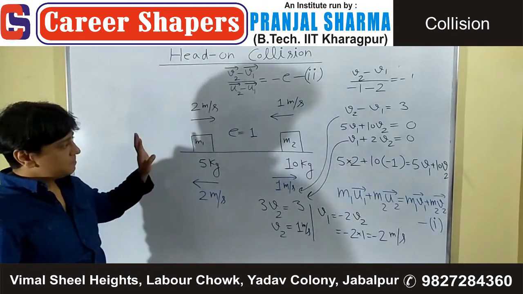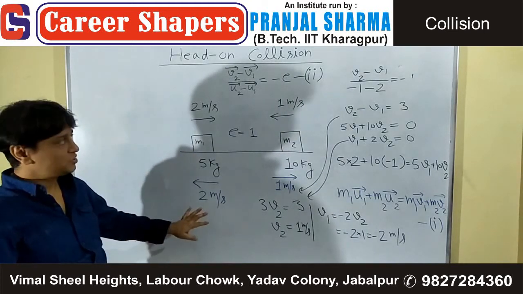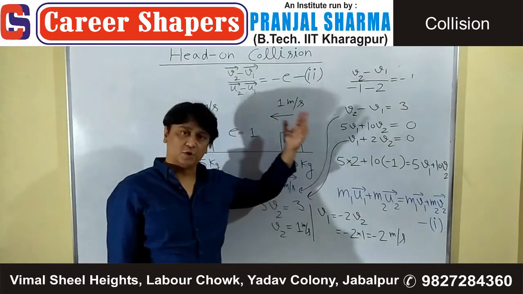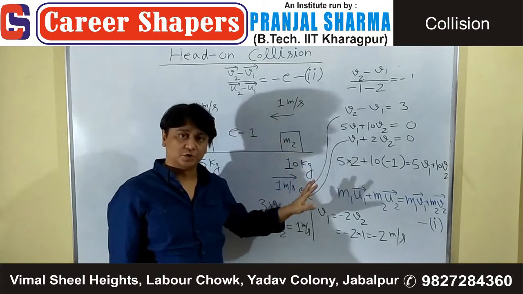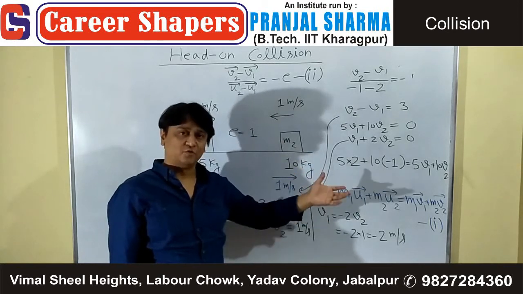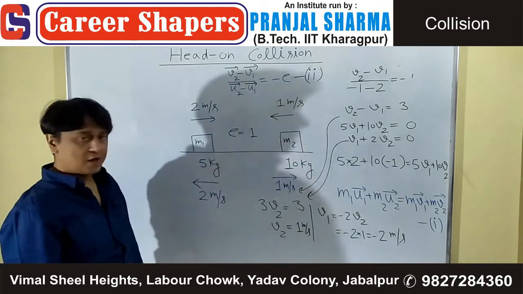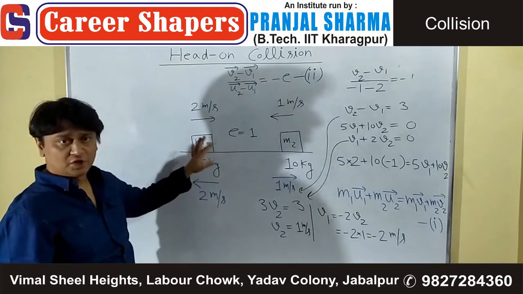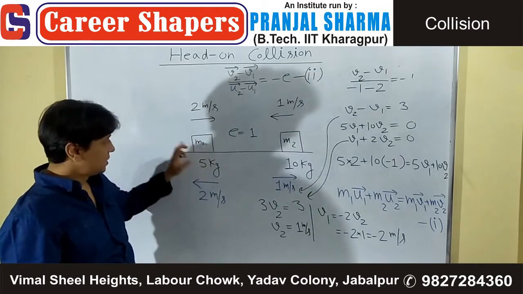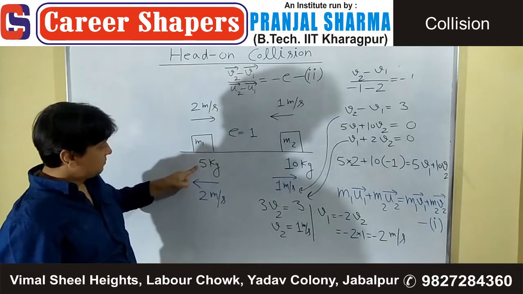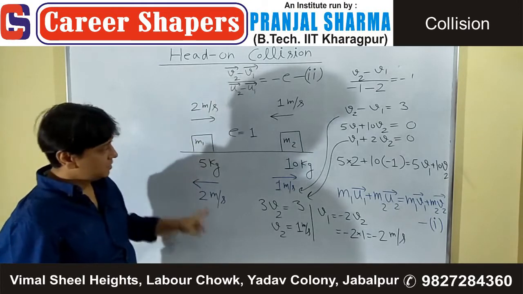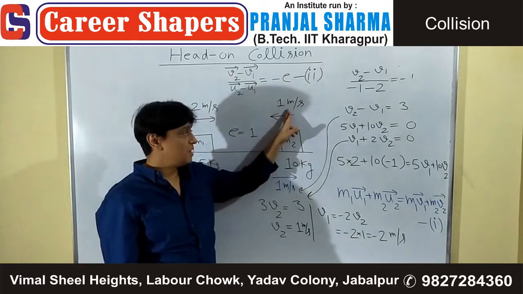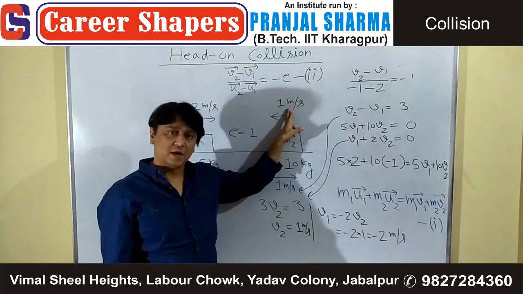Now if in school they ask you this question, follow equation number 1 and equation number 2. In competitive examinations, or if they ask you this question in any objective paper, look at the initial data which was given. 5 into 2 is 10. 10 into minus 1 is minus 10.